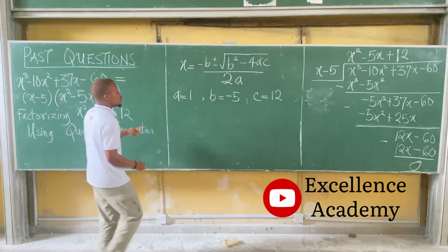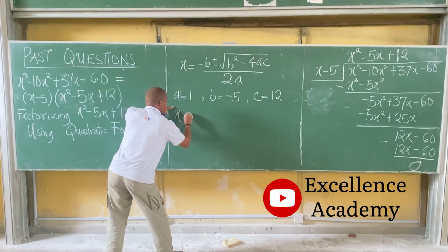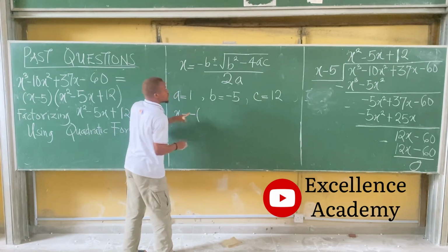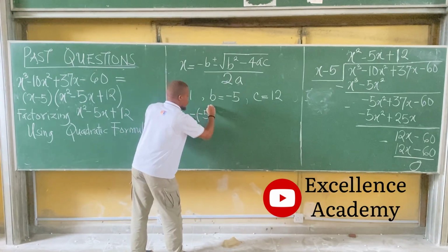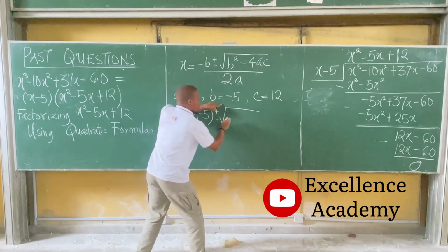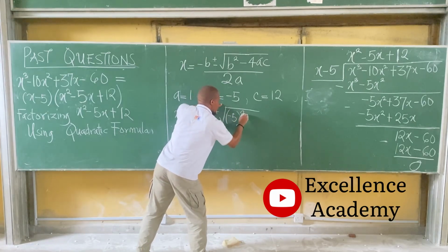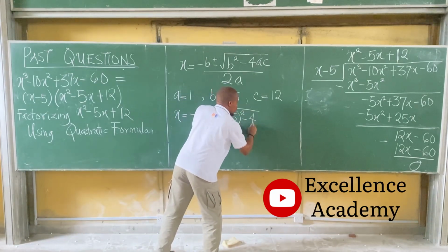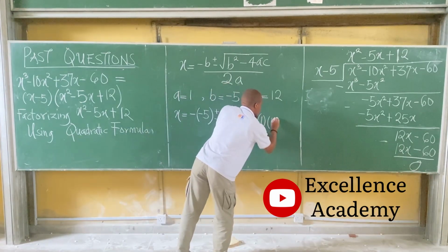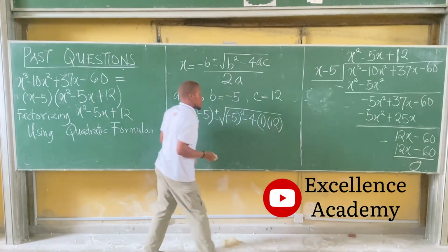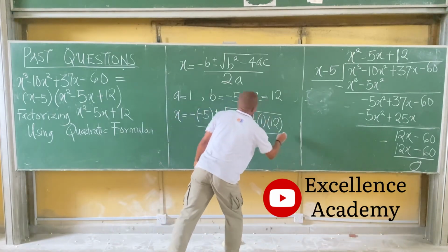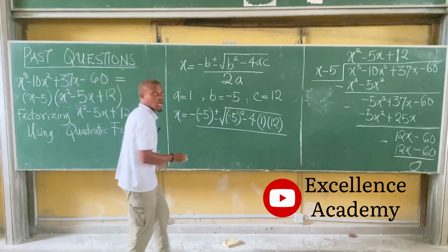Alright, so let's input that into our quadratic formula. I'm having minus times minus 5, plus minus the square root of minus 5 all squared, minus 4 times 1 times 12, all divided by 2a, which is 2 times 1.